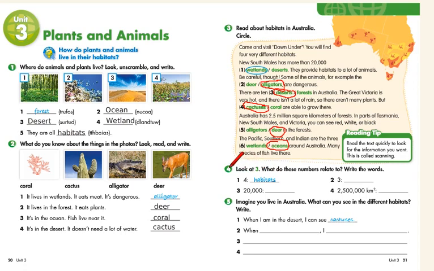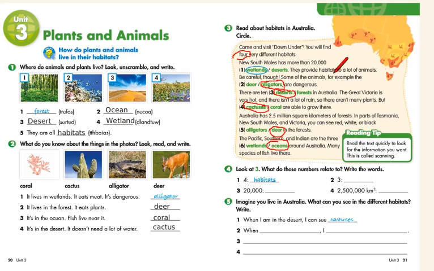Okay, let's go to exercise 4. It says, look at 3, this is 3, and what do these numbers relate to? Write the words. For habitats, it says here that you will find 4 very different habitats. Okay, number 2, 3.